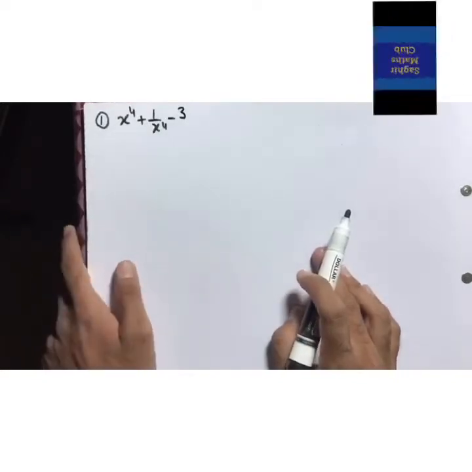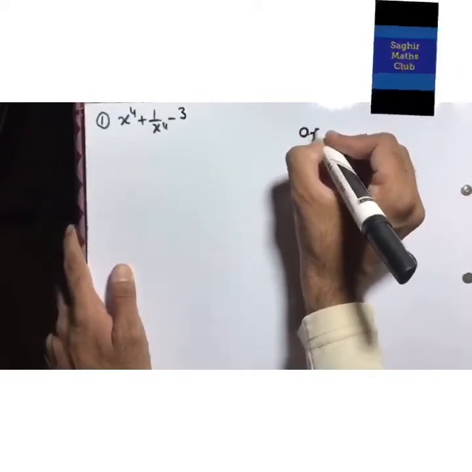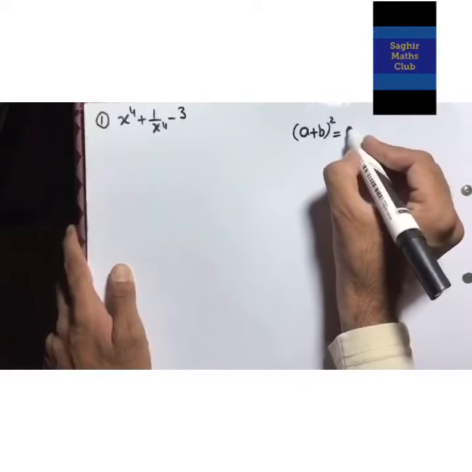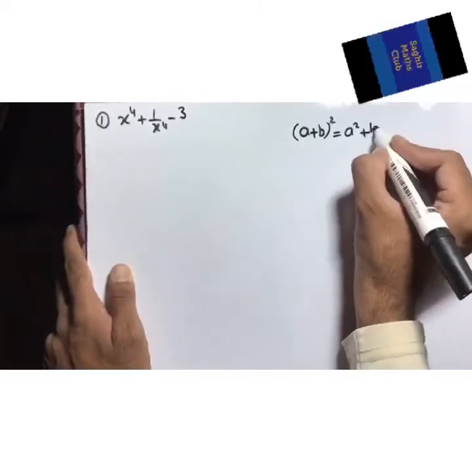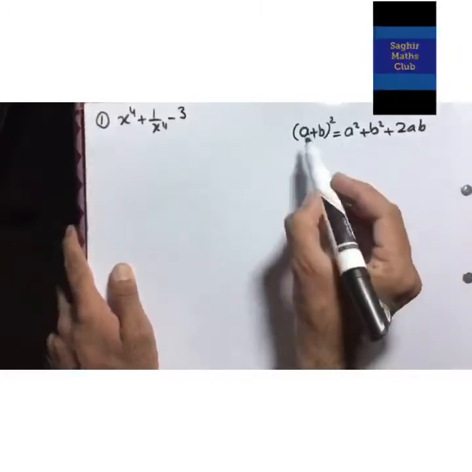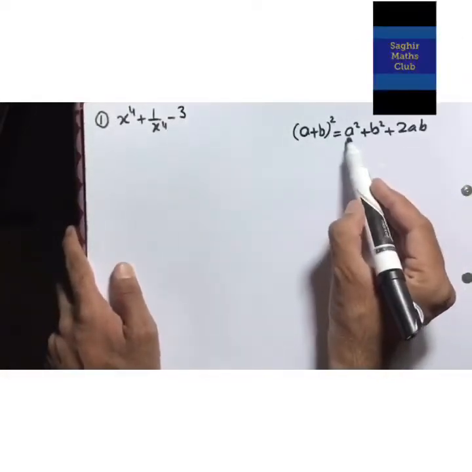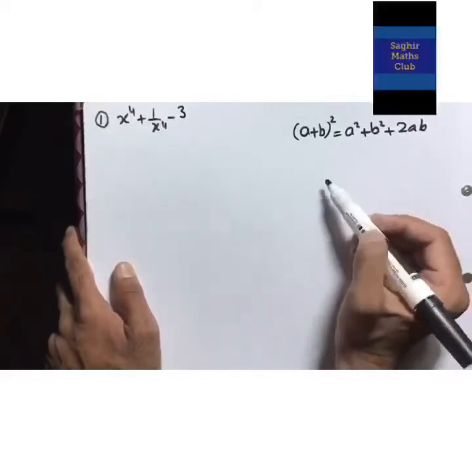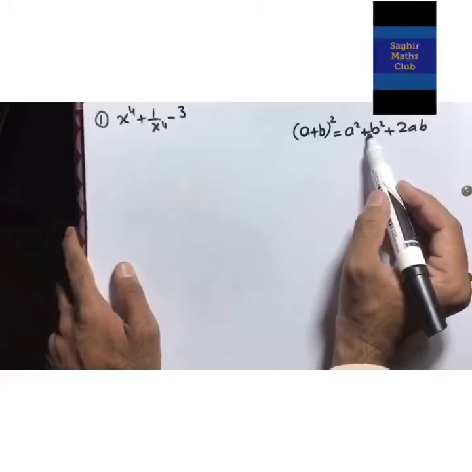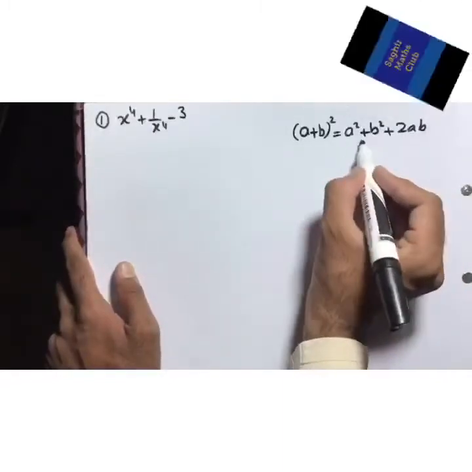There are two formulas. You know that the first formula is (a plus b) whole square, that is equal to a square plus b square plus 2ab. If (a plus b) whole square is given, then we can find a square plus b square plus 2ab. If we are given a square plus b square plus 2ab, then we can find (a plus b) whole square.